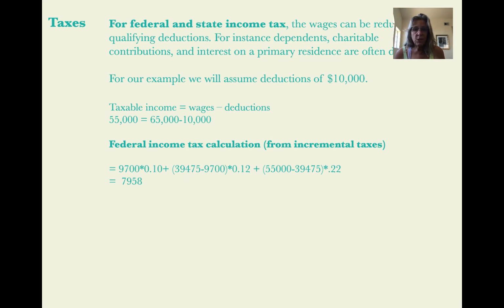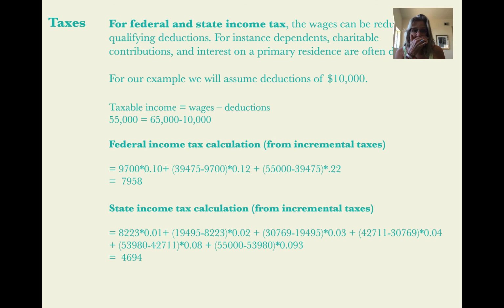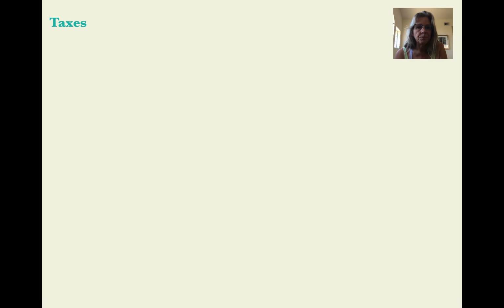If we do the calculations based on the incremental tax tables that I showed you previously for federal, we're going to be paying $7,958. For state, I do the same thing, and the taxes that we pay are $4,6946. So you can see we have $65,000 income, and we have to pay taxes of about $7,900 for federal and about $4,700 for state.